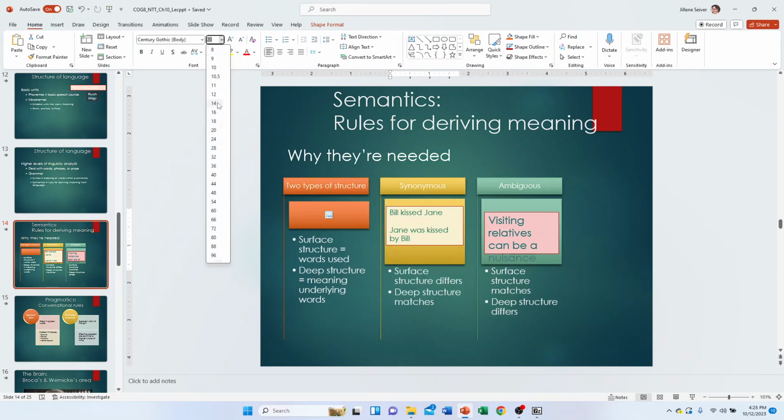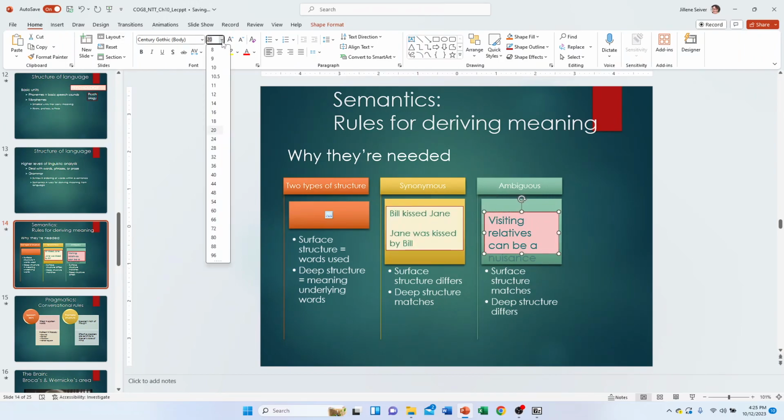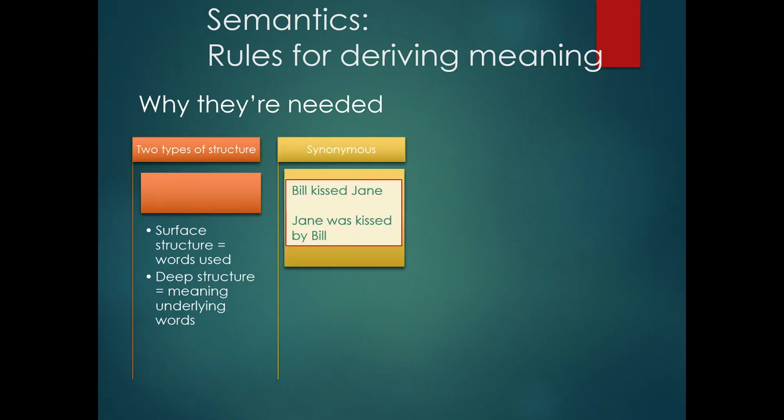So the surface structure can vary, but the deep structure can be the same. And so, hold on, there we go. All right. And so with that happening, it doesn't matter which way you go. So if I say I have a yellow house, or I say I have a house yellow, it's really still the same, even if one is grammatically correct and the other one's not.